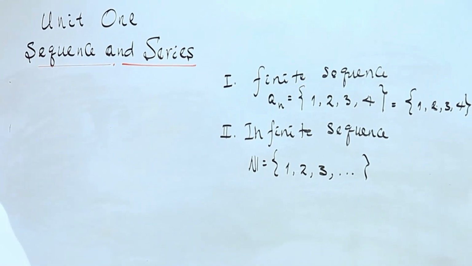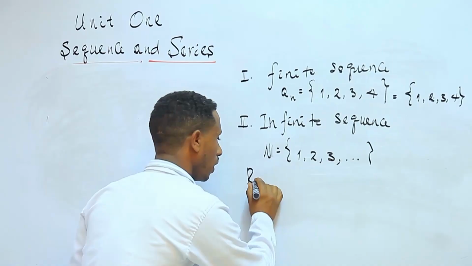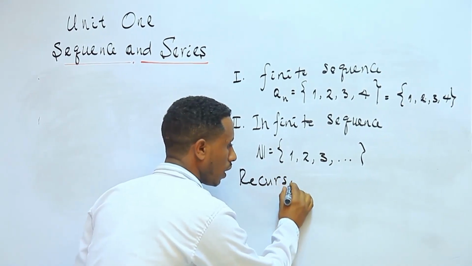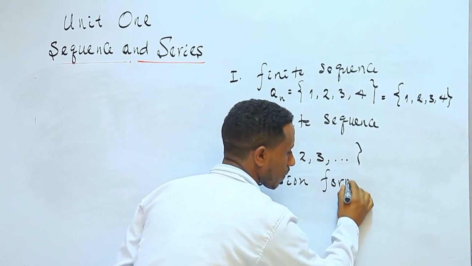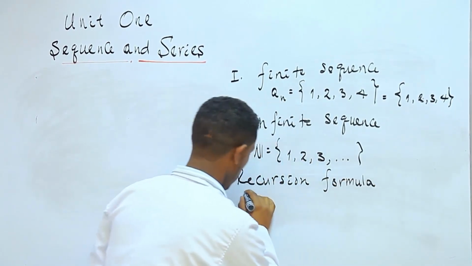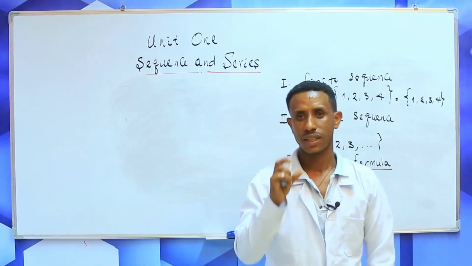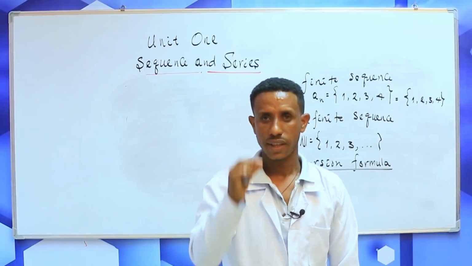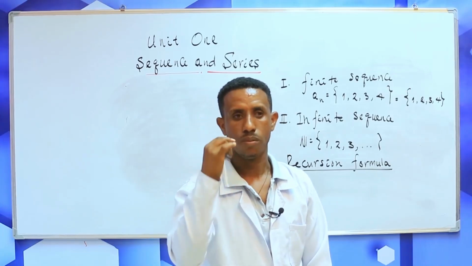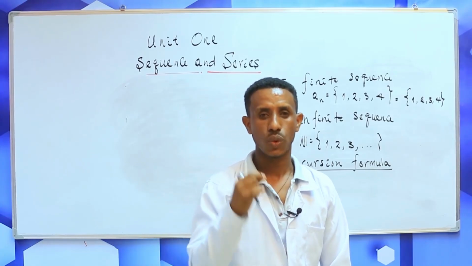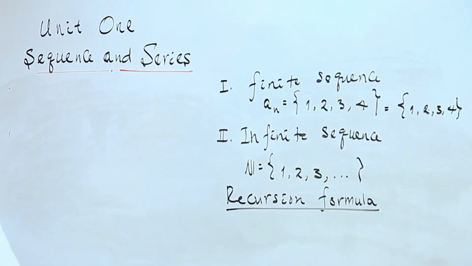Okay, as I have told you earlier, we will see some points about the recursion formula. This recursion formula is a formula that relates the general term of a given sequence to one or more terms of the sequence that came before this general term.